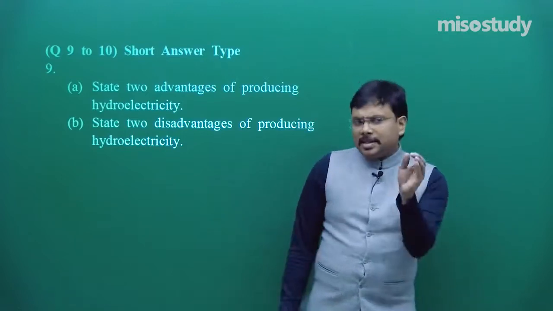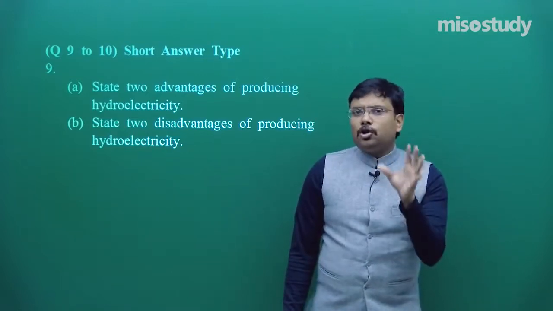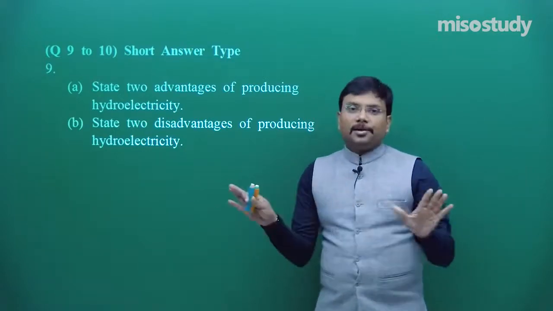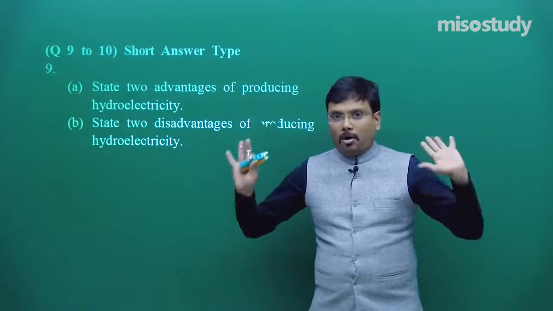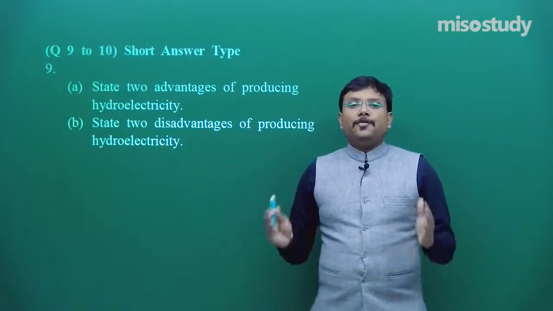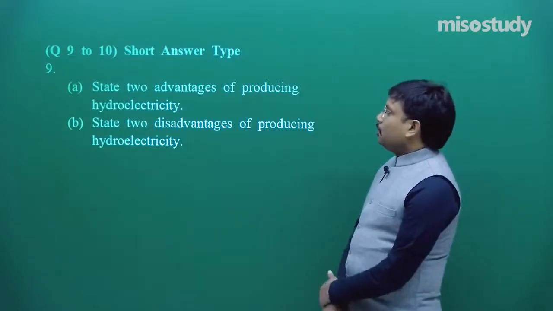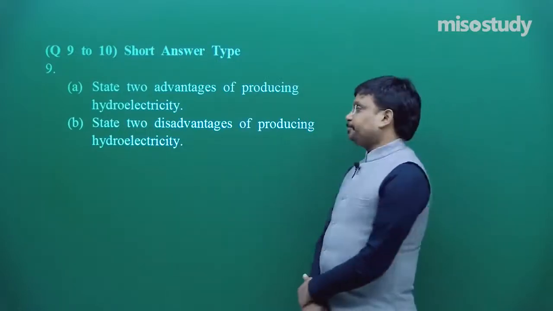You are just trapping a small amount of river water and then you are channelizing it, that is it. You are not producing any fumes, anything like that. You are not burning anything. So, these are the advantages.